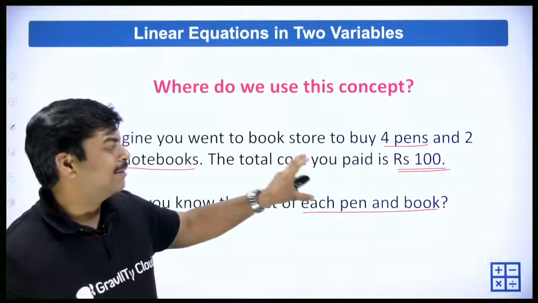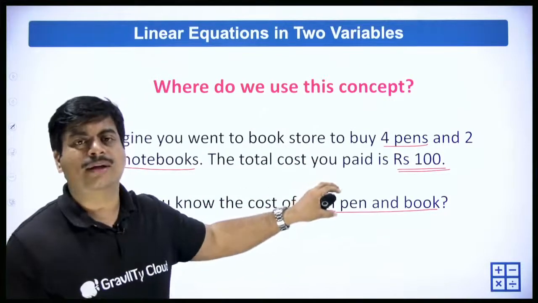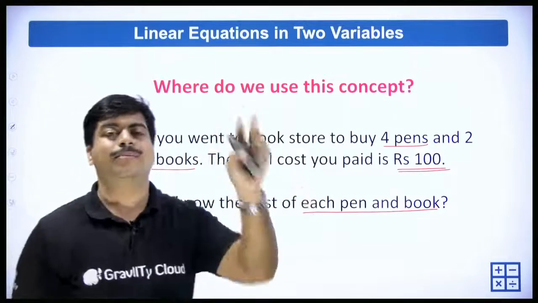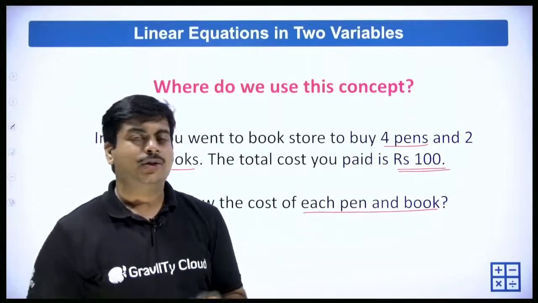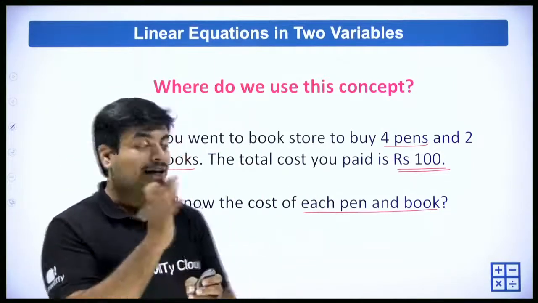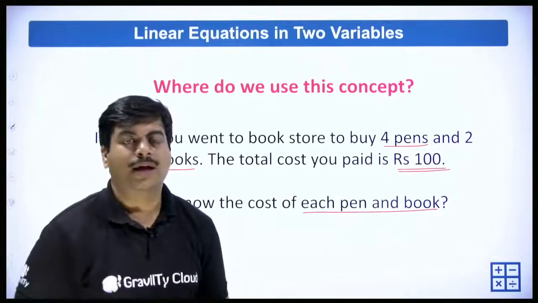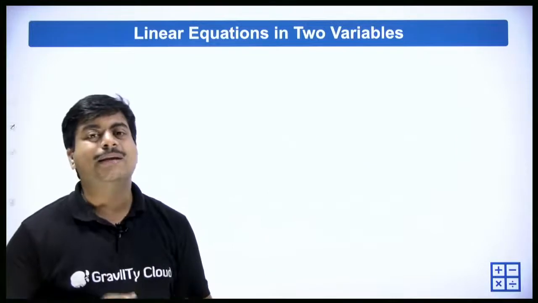With one single condition we cannot define them, but we'll have two equations to solve for two variables x and y. So first, we'll try to represent this in a mathematical form.